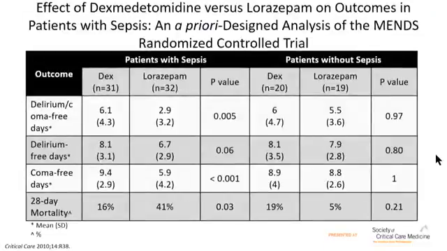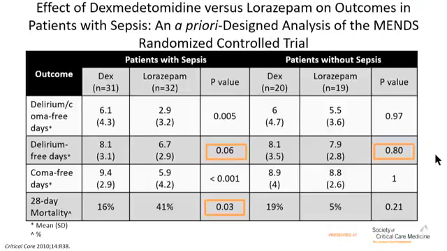Beyond the MENDS study was a pre-designed a priori analysis comparing septic patients to patients without sepsis, in the comparison of dexmedetomidine versus lorazepam as their primary sedative. And what we see here is the same outcome carried forward: there is a statistically significant benefit in the composite of delirium-free as well as coma-free days.